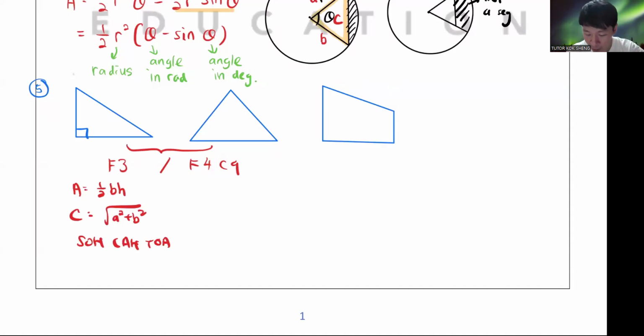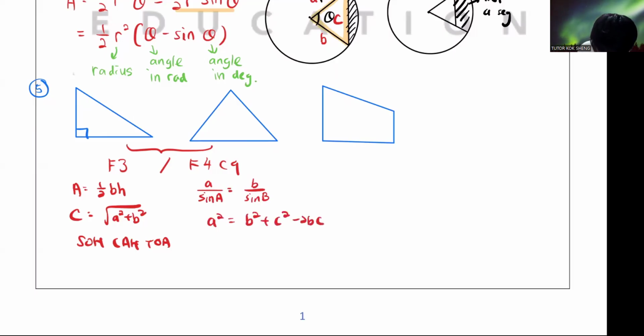And if you have a triangle that is not a right angle triangle, you can go for the chapter 9 formulas, which are sine rule, cosine rule, and also area of triangle.